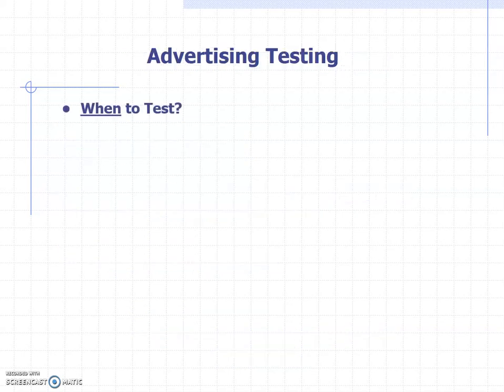So in advertising testing, we have a few questions to ask. One is when to test, and this leads to a discussion of the 2 alternative categories of research: strategic research and evaluative research. Strategic research tries to determine what's the correct strategy to use, what's the best approach to use for, what's the best message strategy to develop.